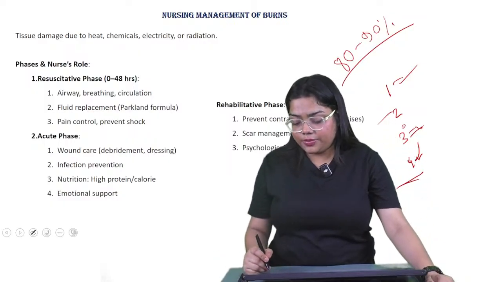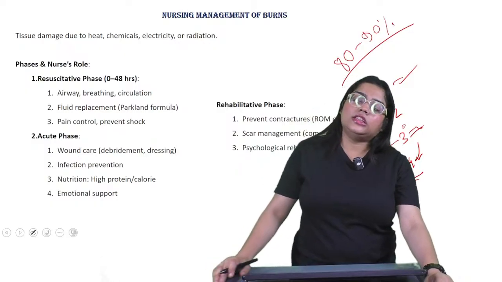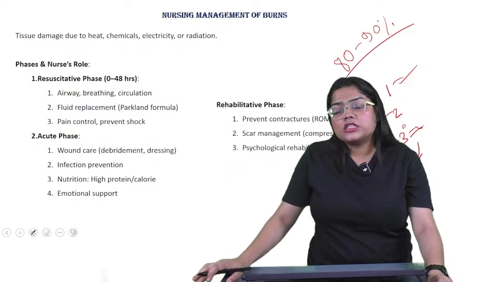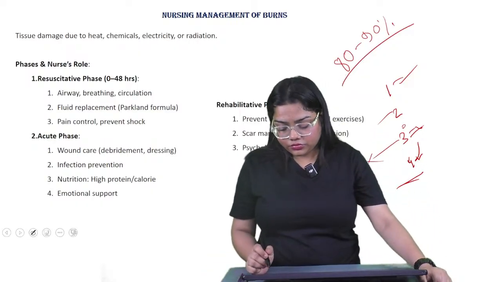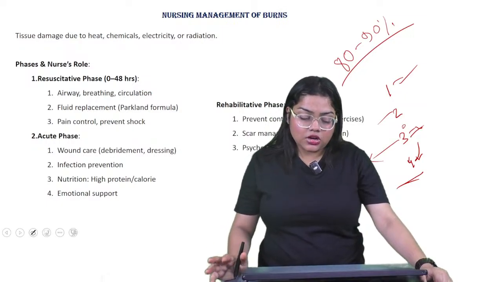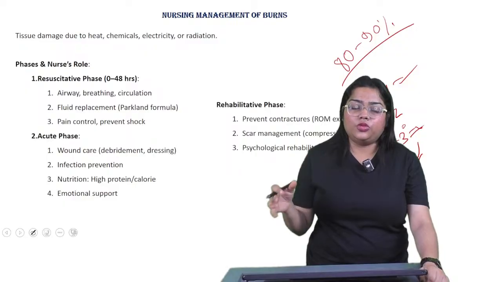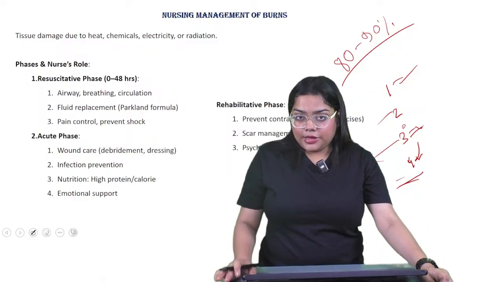In a third degree burn there will be no pain, because the nerves will be completely damaged, and the upper layers of the skin will be completely burnt. In a fourth degree burn it is burnt up to the muscles or the bones. So those are the types of burn.